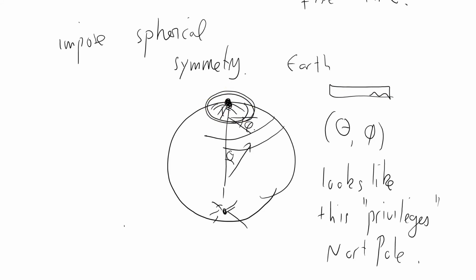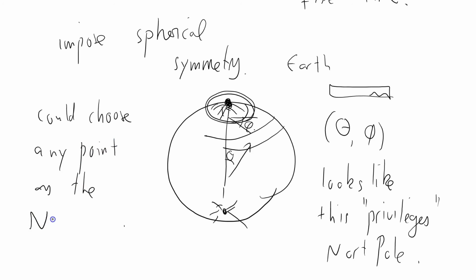We could choose any point as the North Pole if we wanted. Because we could choose any point, it doesn't privilege any point. Does that make sense? We could make the coordinate system what we want, and indeed we can transform from one coordinate system to another.